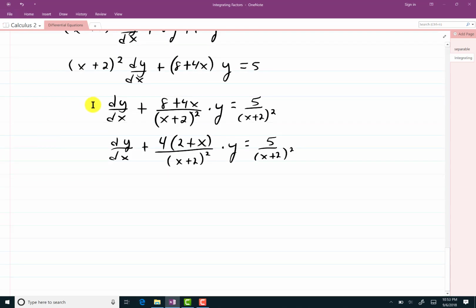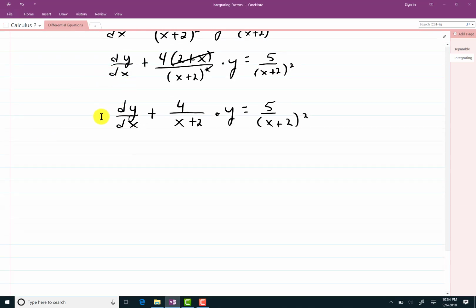And I'll be able to cancel out an x plus 2, so my next equation will look like this: dy over dx plus 4 over (x plus 2) times y equals 5 over (x plus 2) squared.